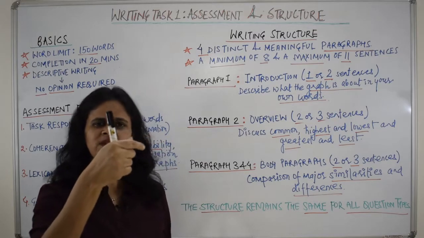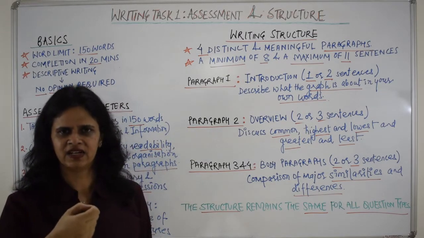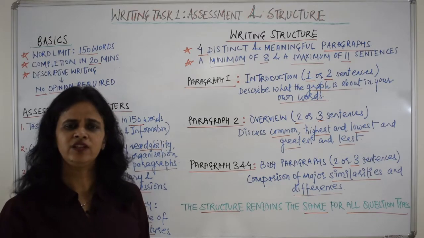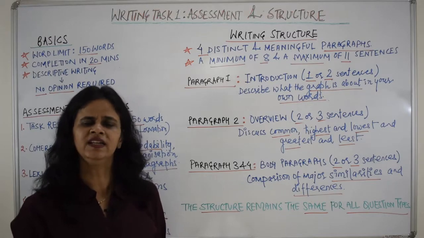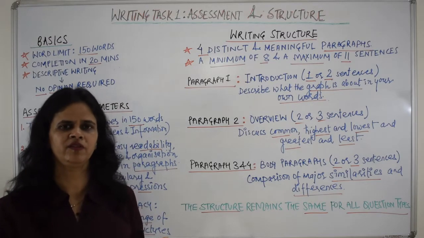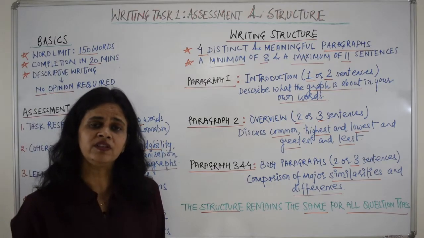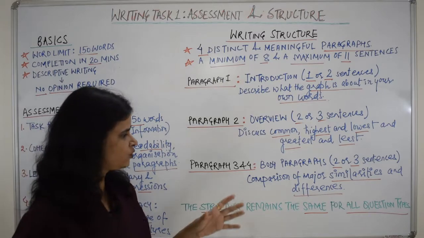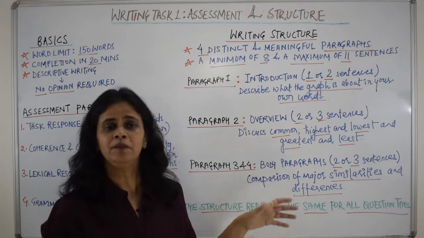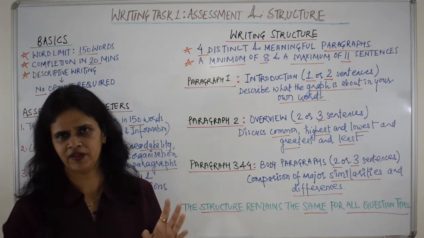In both paragraphs, you pick up 1 or 2 or more areas where you see major similarities or differences, because the word limit is low, 150 words. You cannot go on writing about whatever you see in the graph or diagram. So you have to come up with a meaningful comparison of similarities and differences.